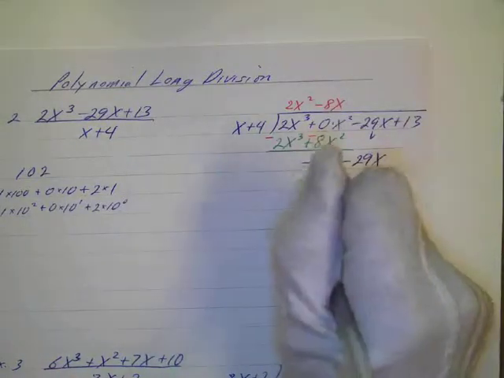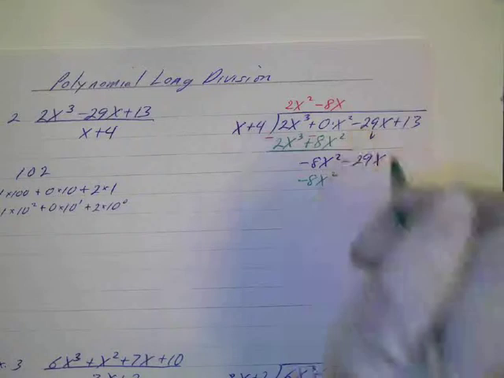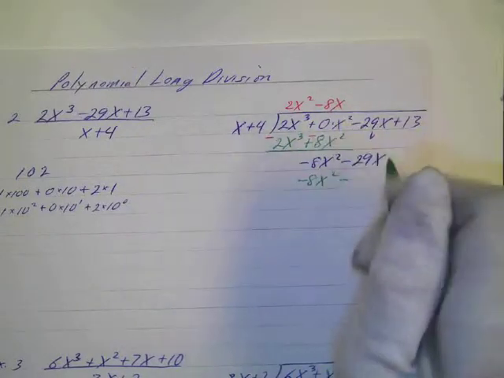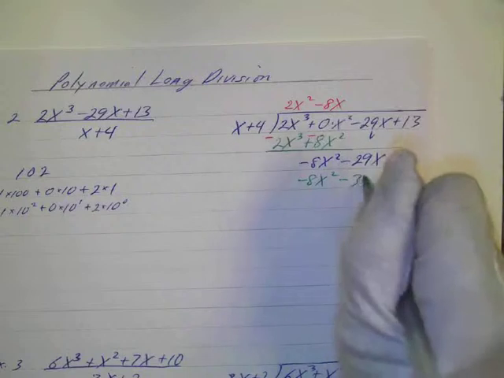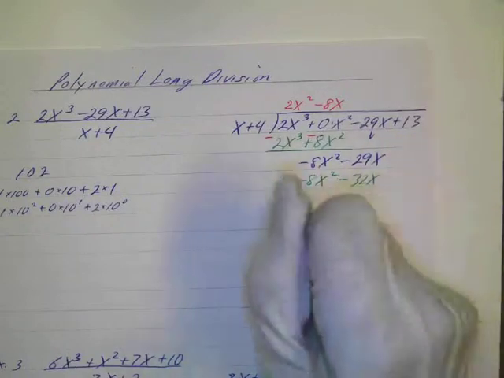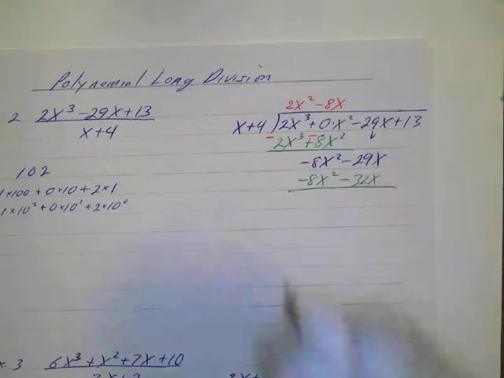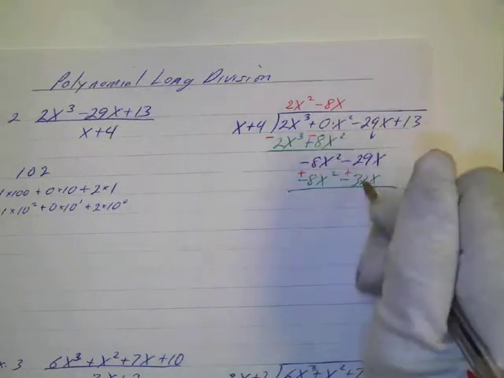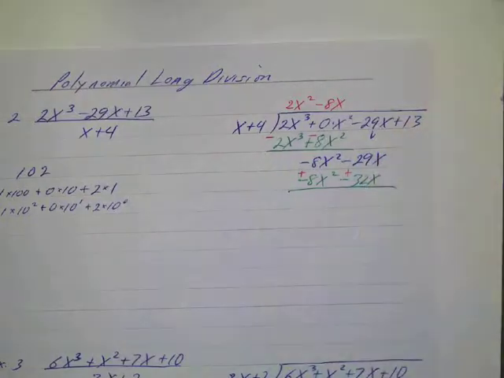Negative 8x squared should be an exact match if I did it right, and then negative times a positive is a negative. 8 times 4 is 32, so 32x. Then I'll change the signs, make this a plus, make that a plus. That's 0, and 32 minus 29 is 3, so I've got 3x.